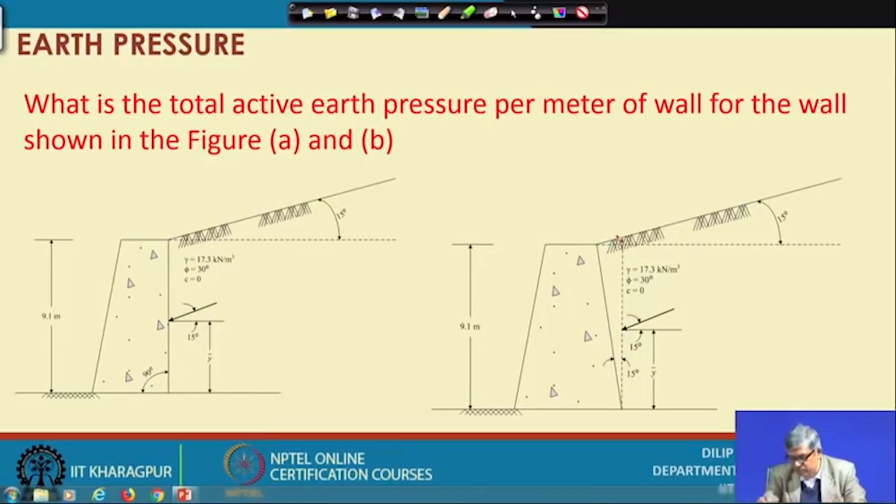I have mentioned that you have to extend the line like this, and then consider this, from here to here, as the wall height. Then your pressure will be acting at 1/3 height from the base, and it will be parallel to the sloping surface. So, to do that, I have taken the same problem twice, and you can see the next slide.